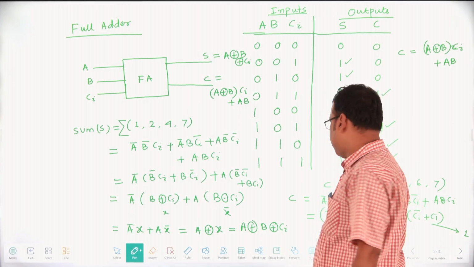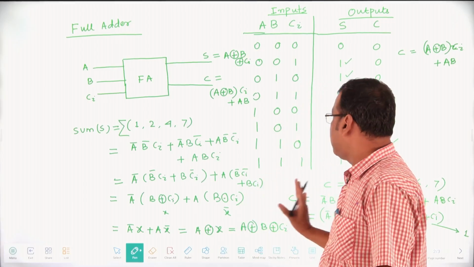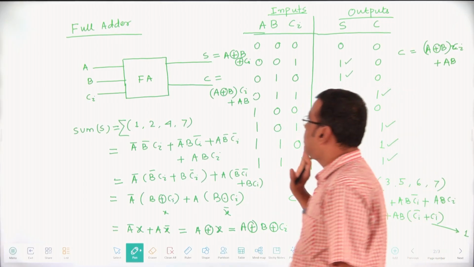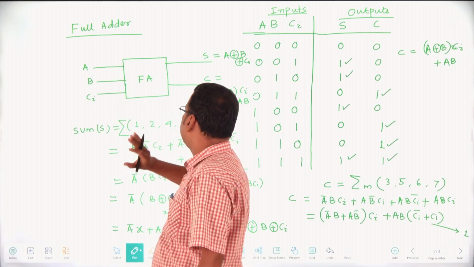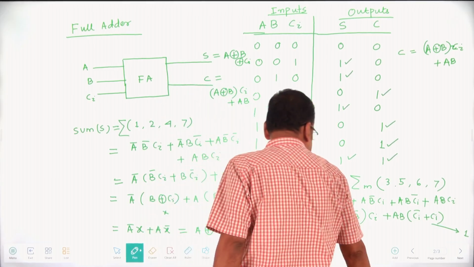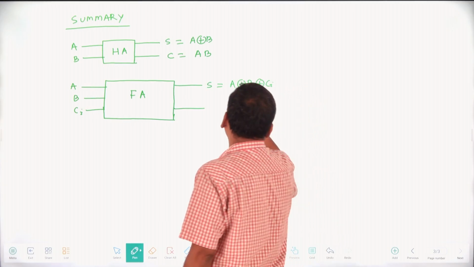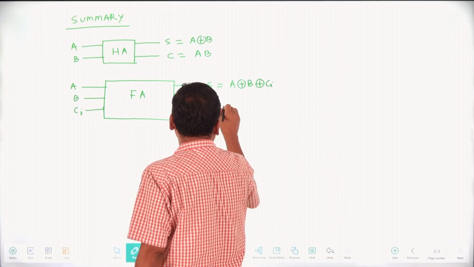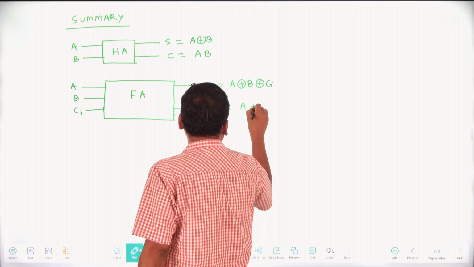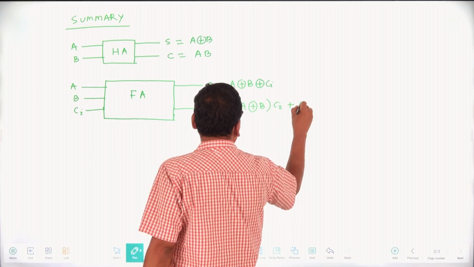You have to remember these two expressions when you are going to design the full adder: sum is A XOR B XOR Ci, and carry is A XOR B whole into Ci plus AB.